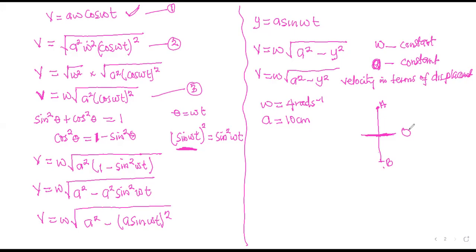Calculate I, the velocity when crossing the rest position or the mean point.